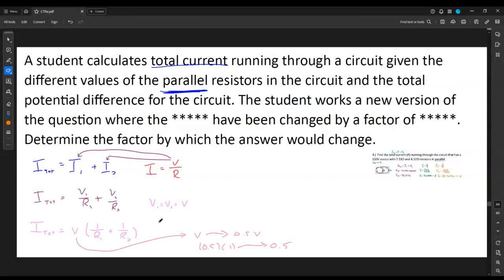You have no idea what's going on. And especially if these are different values for parallel resistors, then again, we have no idea really what that's going to do. However, if R1 and R2 are changed together by the same factors, we change both of those, then as it turns out, we can still do something with this.